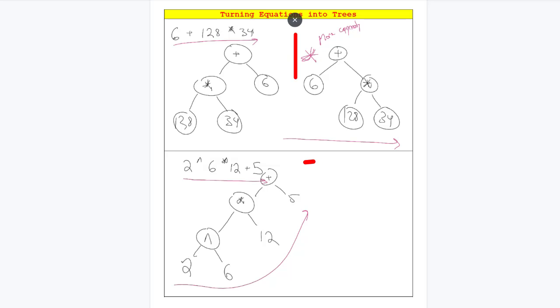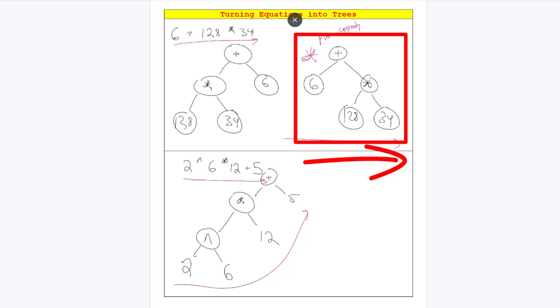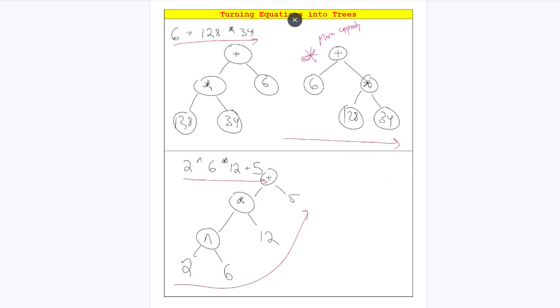The tree really should look something like this, where we have the 6. It's the same position as what it was in the equation. 6 is first, then 128, and then 34. And then we add our symbols in between here, where we still need the 128 times the 34, and then we're going to add all of that together to add it to 6. Now again, notice that the lowest hanging fruit's going to be done first.